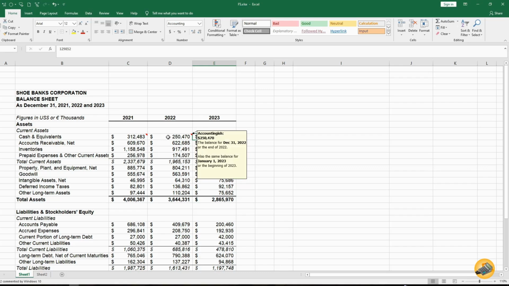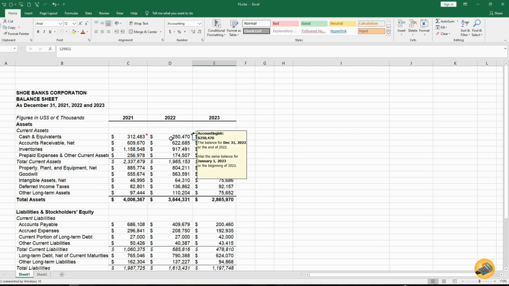By the end of 2022, December 31, 2022, assuming we're using calendar year, we have a balance of 250,470. Looking at the ending balances in each year, we can say the cash and cash equivalents of Shoe Banks Corporation decreased from 2021 to 2022.